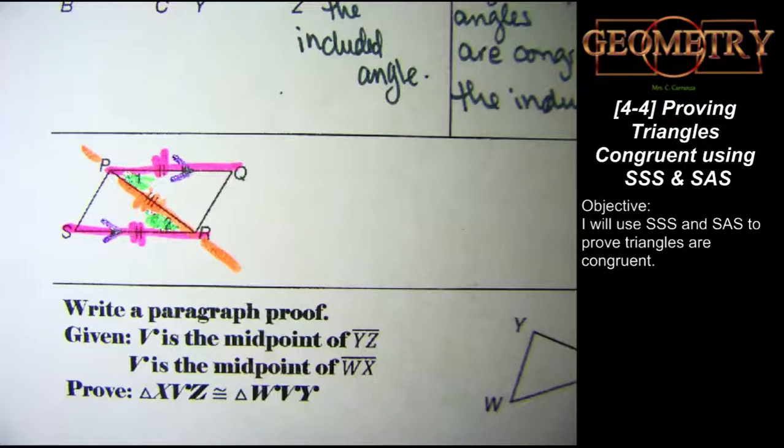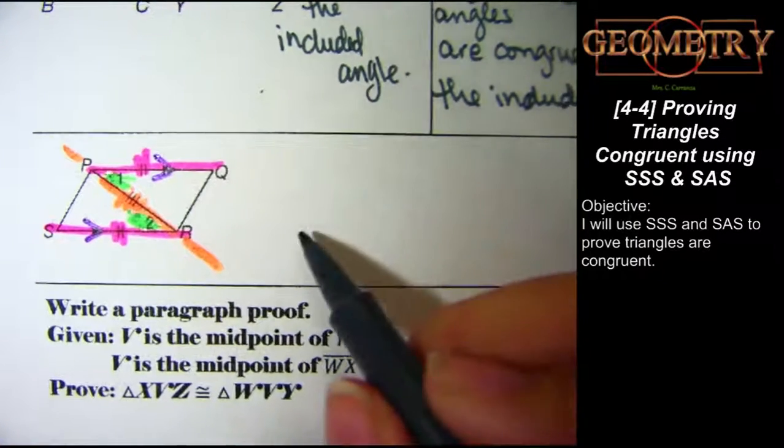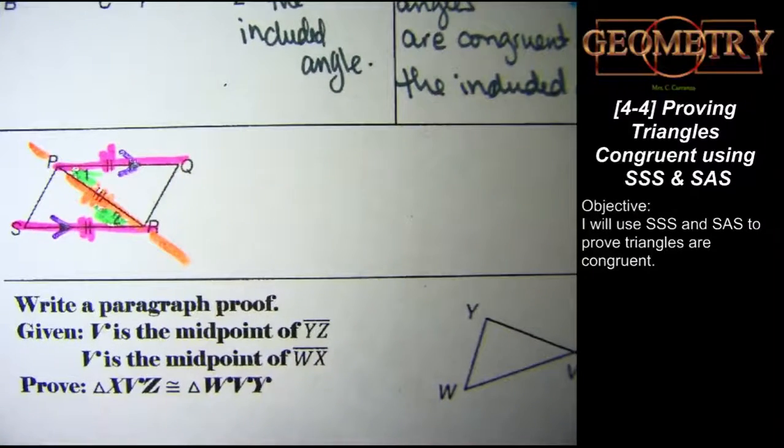They're alternate interior angles. And when I have a transversal cutting parallel lines, alternate interior angles are congruent. So here's our explanation paragraph proof.